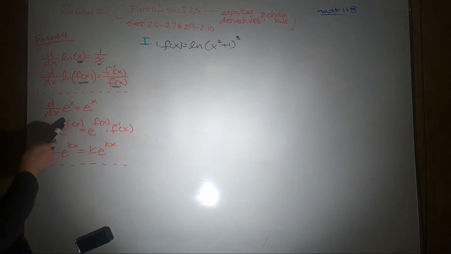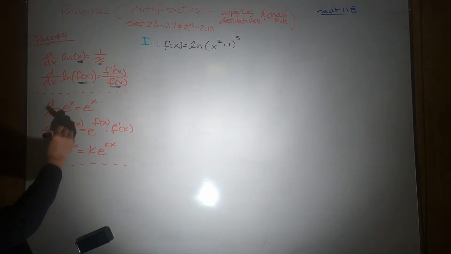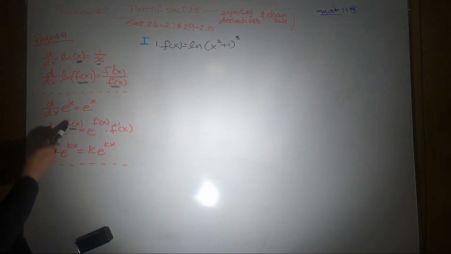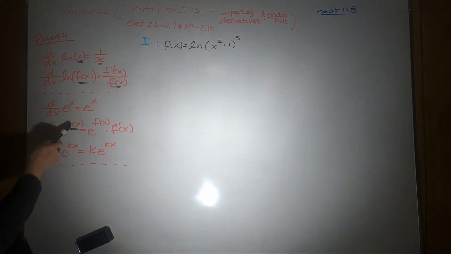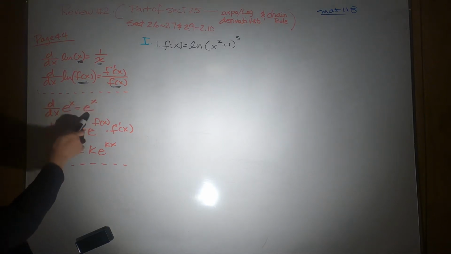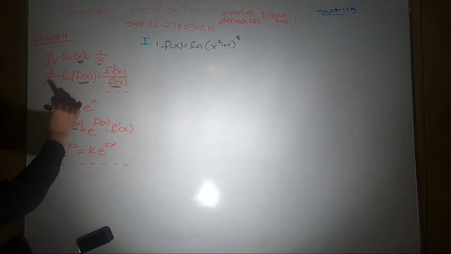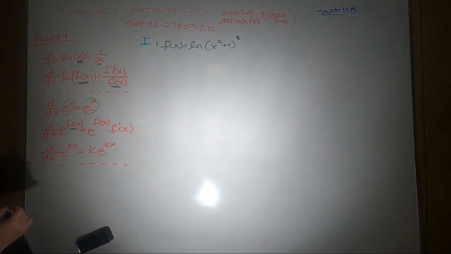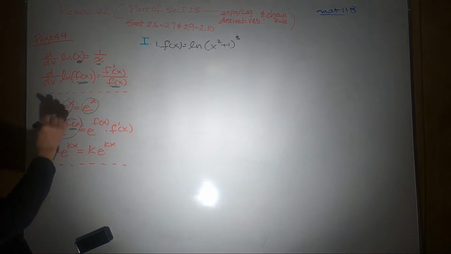And for the exponential function, the simple one, e to the x, the derivative is the same thing. However, if the x place is more complicated, you have f of x, right? Then the whole thing stays just like that: e to the f of x.